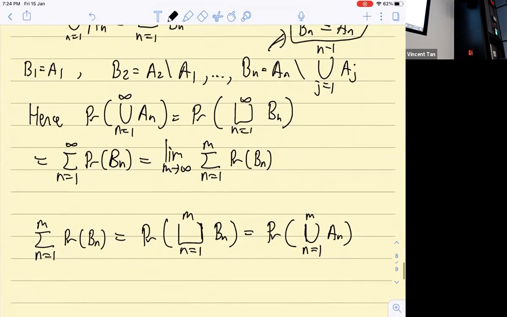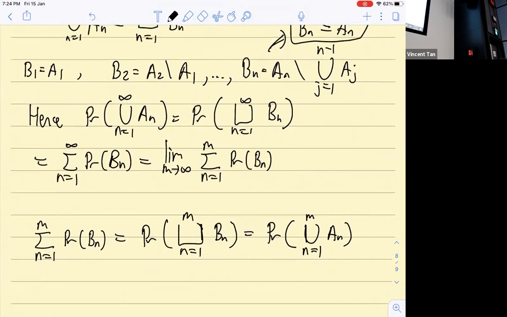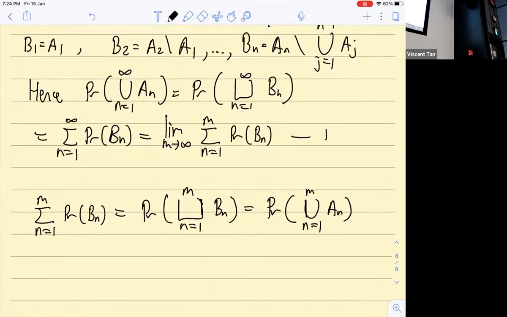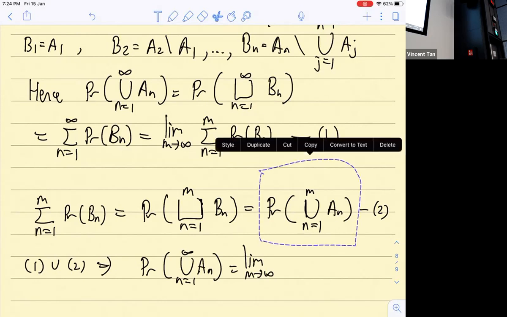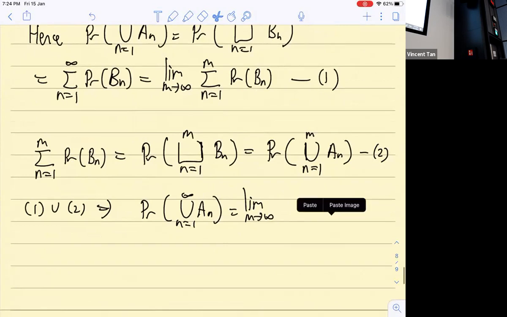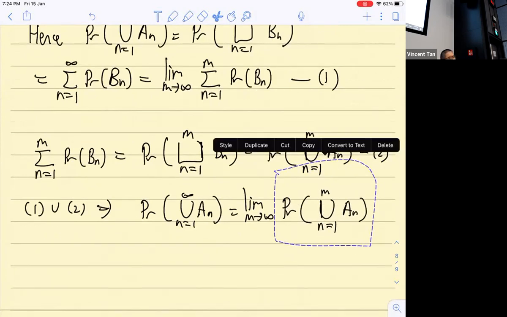Okay, so what have we got by stringing everything together? By combining equation 1 with equation 2, this yields that the probability of the union of A_n, n equals 1 to infinity, is equal to the limit as m goes off to infinity of this part here. Just put this here to show you I'm not cheating. And that completes the proof.